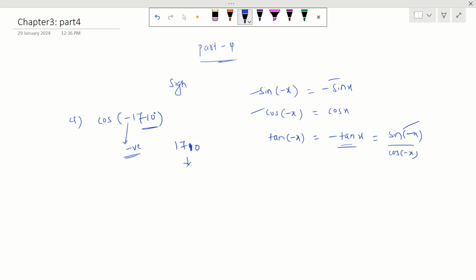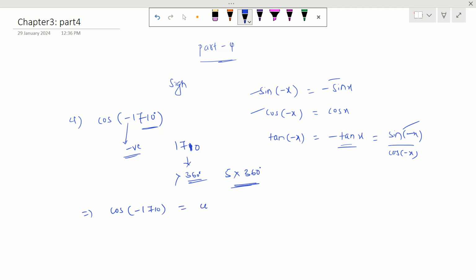This angle is more than 360 degrees. If we take 5 times 360, it is 1800, and we can write cos of minus 1710 as cos of minus 1710 plus 5 into 360.